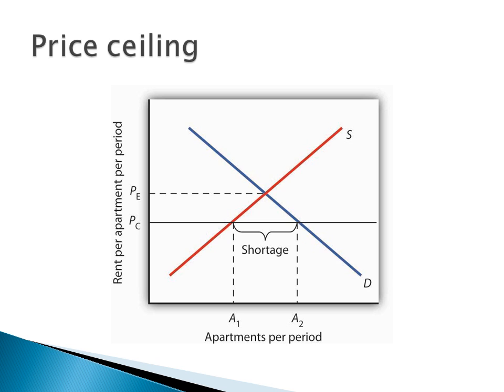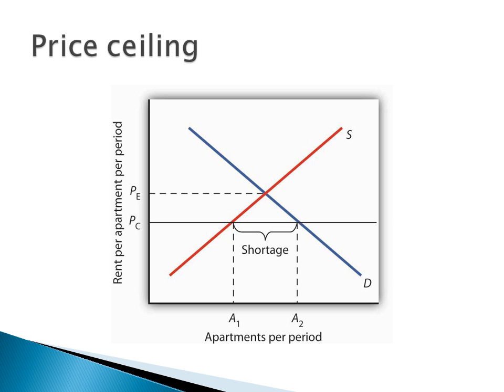By implication, you will see that the red line, the supply curve, indicates the quantity of apartments that the landlords are ready to make available, and that is A1.